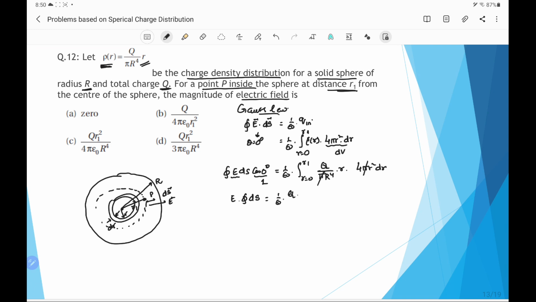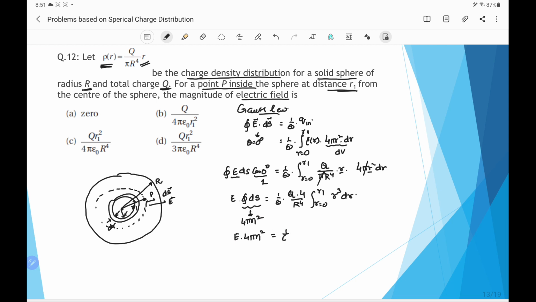This is Q, and then 4π and R⁴, and remaining is r from 0 to r1, and this is r and r², that means it is r³ dr. And this integral ds is actually the surface area of the Gaussian surface, and it will be equal to 4πr1². Therefore, we can write it as E into 4πr1².